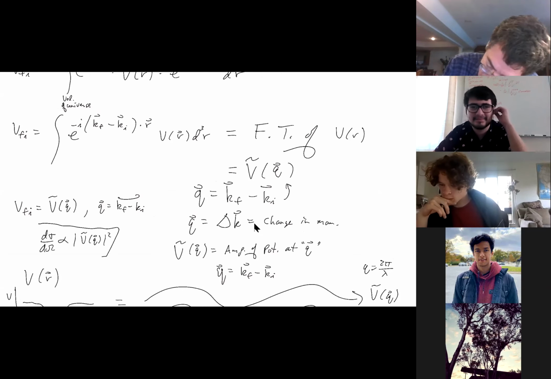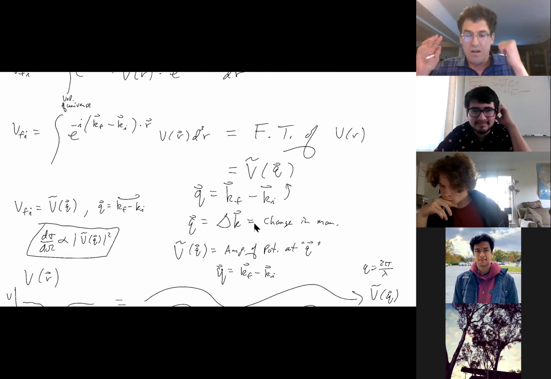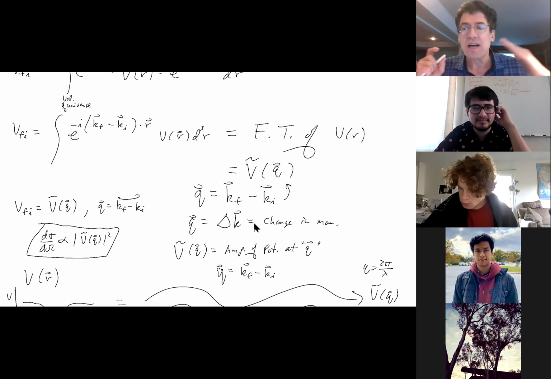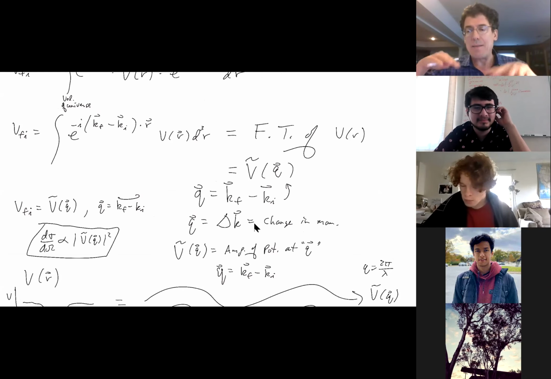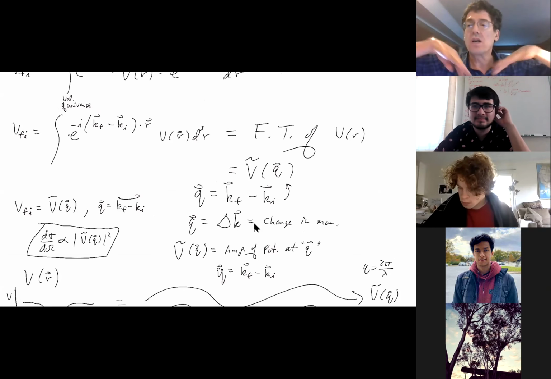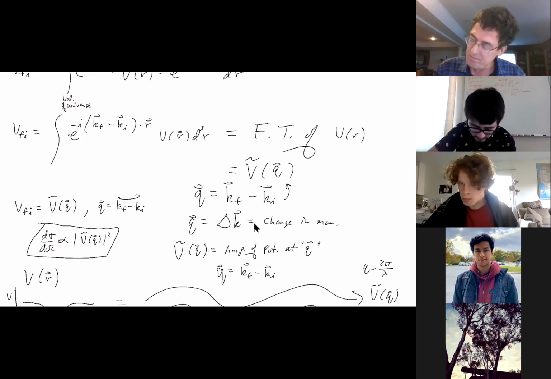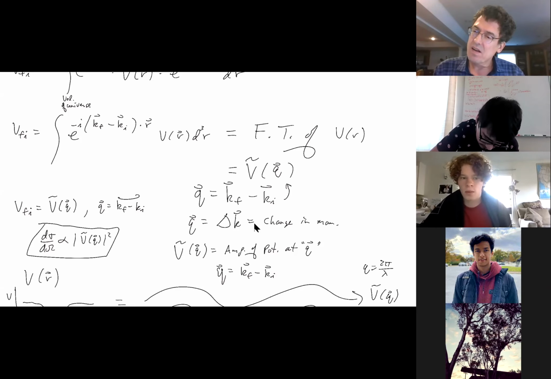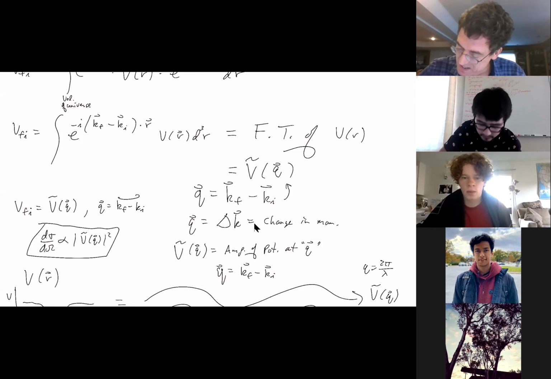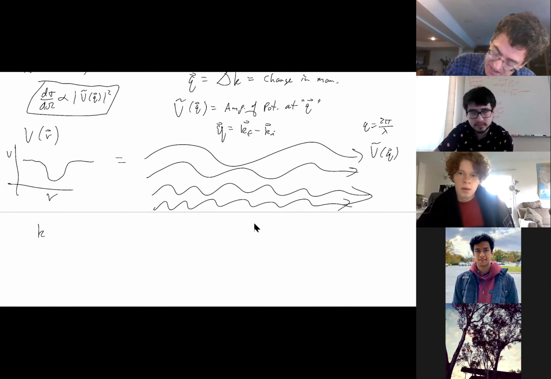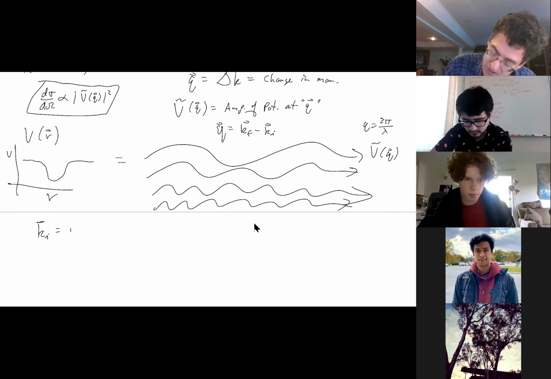That basically means that for scattering to happen, the scatterer has to have some component at Q. Basically, it has to have wiggles at that momentum. So what that is telling us is that K initial has wiggles.